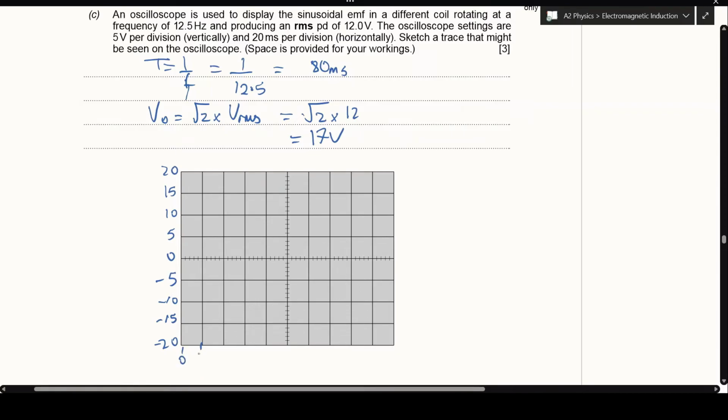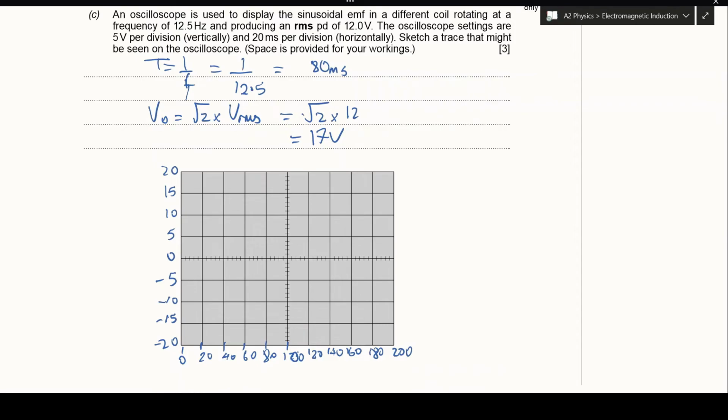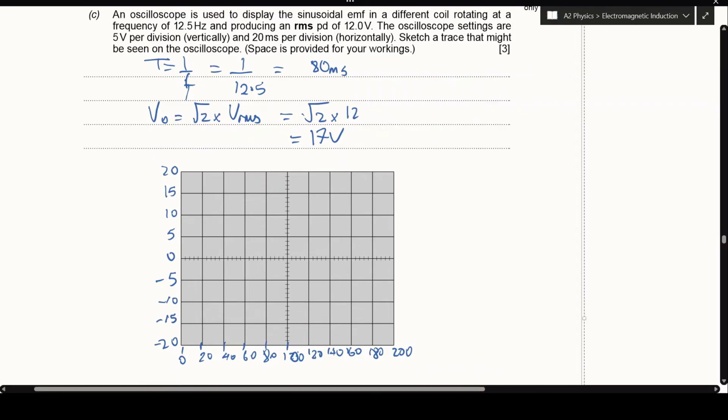So we can have 0, 20, 40, 60, 80, and so on. Trying to write a little bit smaller to fit everything in. Not worried about labeling with voltage in volts and time in milliseconds because it's not actually a graph. It's just what the display is going to look like.